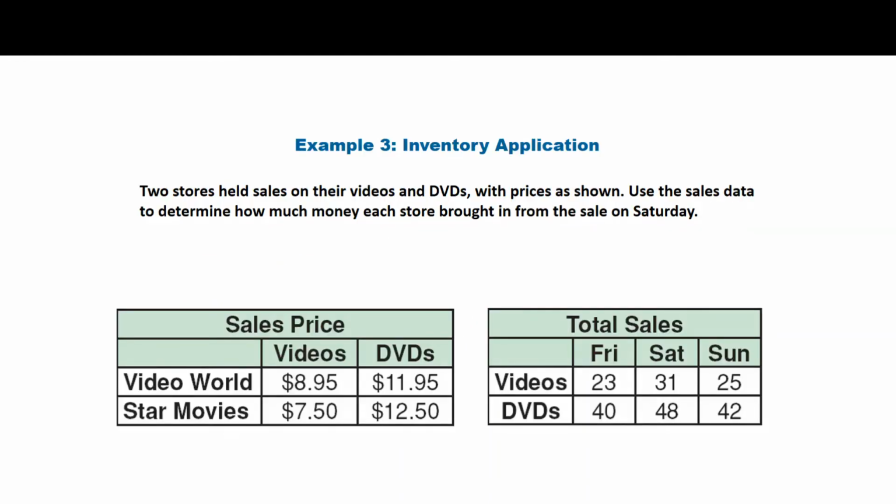This next problem is a business application problem. It says 2 stores held sales on their videos and DVDs with prices as shown. Use the sales data to determine how much money each store brought in from the sales on Saturday. So you can use a product matrix to find the sales of each store for each day.